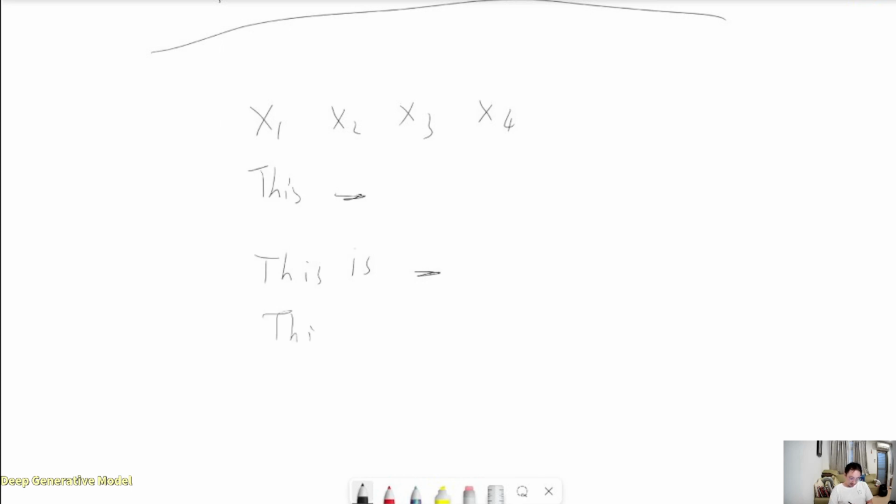And given the first three, what is the last one? When I say what it is, I'm not asking you a specific answer. I'm asking what the probability distribution of the last word will be. However, this is not the only way that we can decompose the probability structure.